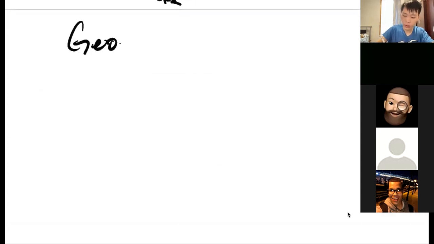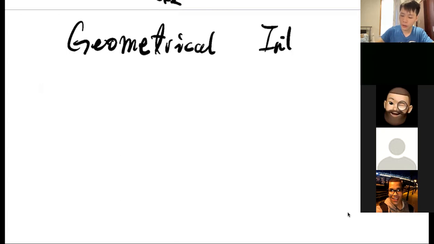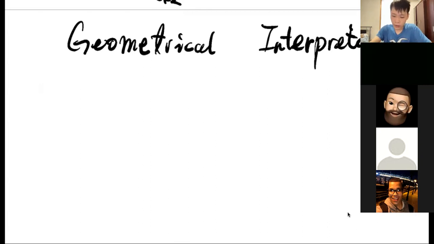The cross product also has geometrical interpretations.